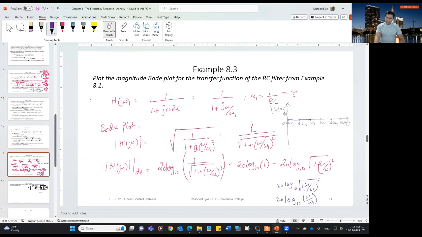So up to omega 1 it is 0, and then for each 10 omega 1, 100 omega 1, 1000 omega 1, it's going to drop by negative 20 decibel. So you have negative 20 decibel, negative 40 decibel, negative 60 decibel, and it will keep on going.